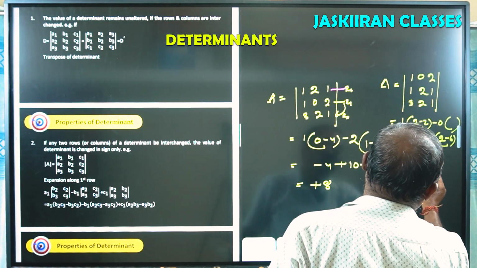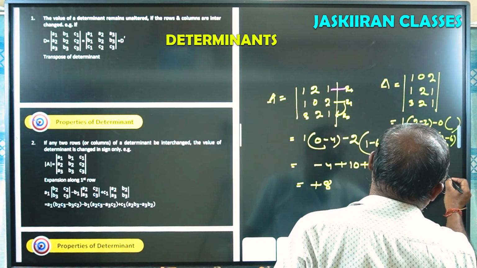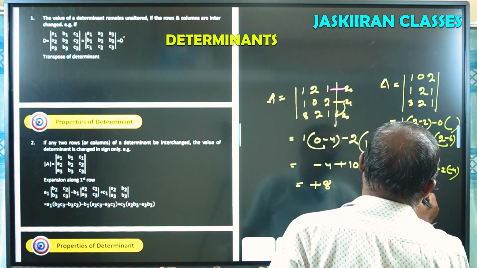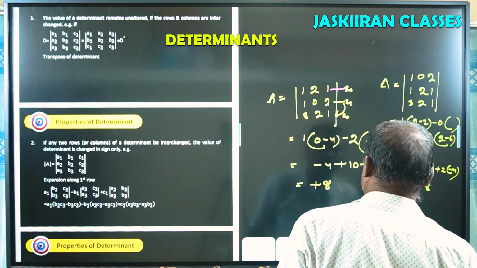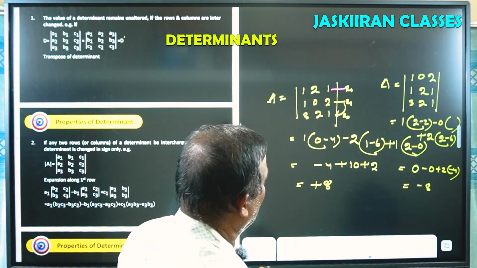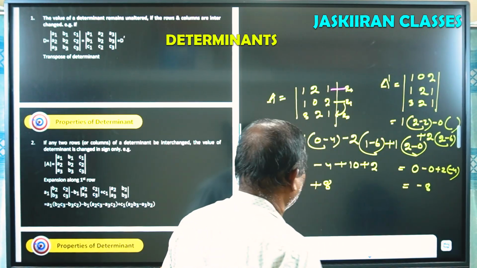That is 0 minus 0 plus 2 into 2 minus 6, equal to minus 4, that is minus 6. Therefore you see that the del.